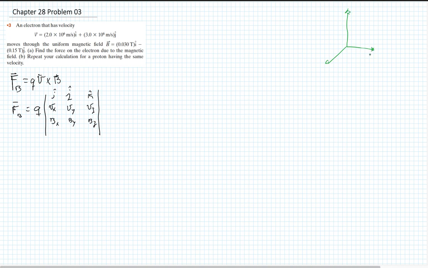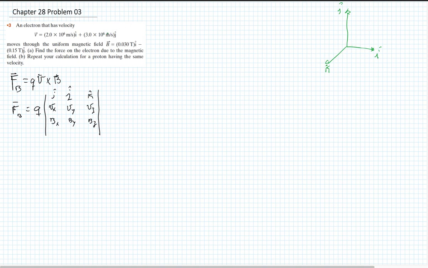This will be the Y, this will be the J, and this one here will be the K. So if you do I cross J, we're going to end up with K, positive or negative, either way.